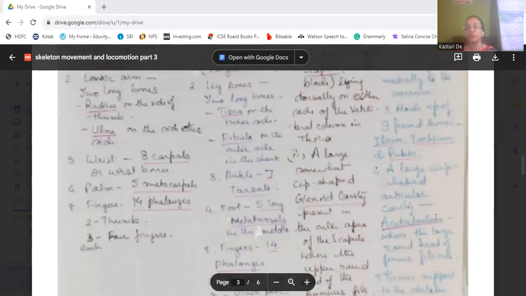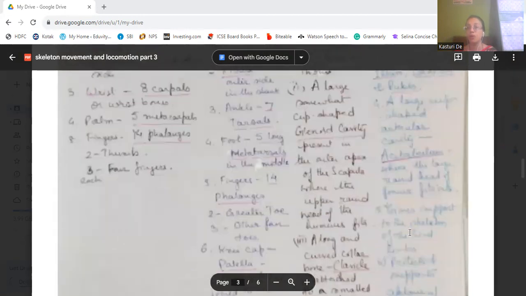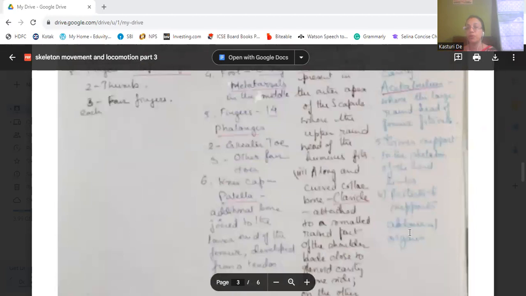A large cup-shaped acetabular cavity, known as the acetabulum, is where the large round head of the femur fits into. This hip girdle gives support to the skeleton of the hind limbs, and it also protects and supports the abdominal organs.